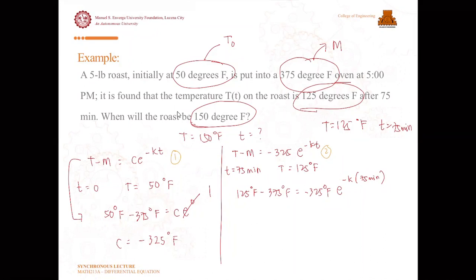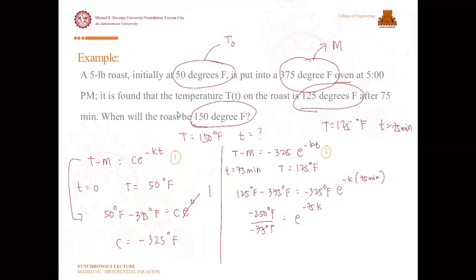Tapos, para ma-isolate yung K, that is negative 250. Tapos, pwede natin both side i-divide ng negative 325. No? Matitira dito sa kabila is e negative 75k. Okay? So, in minutes yung unit nun.